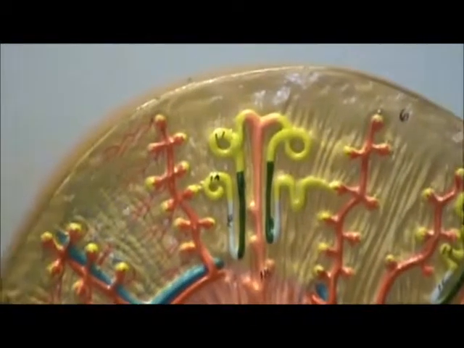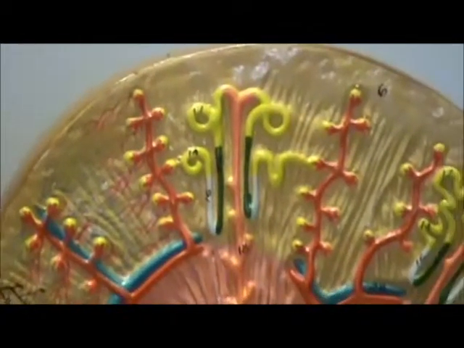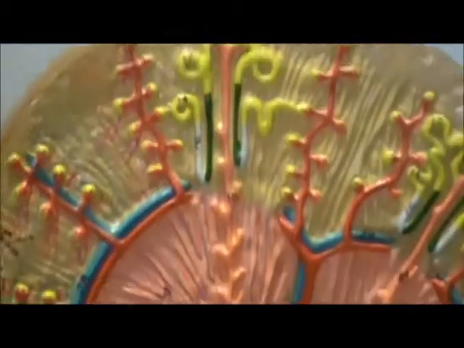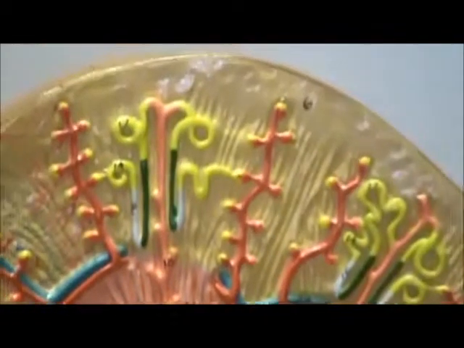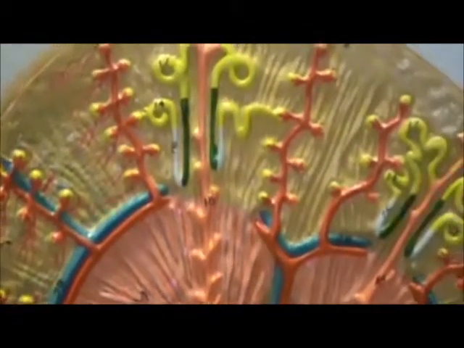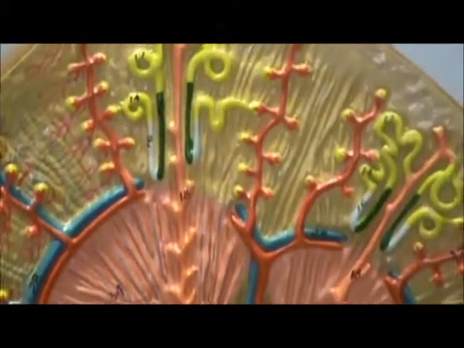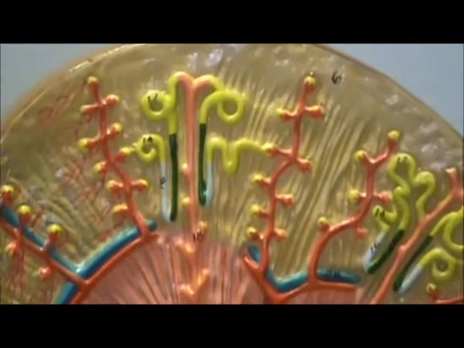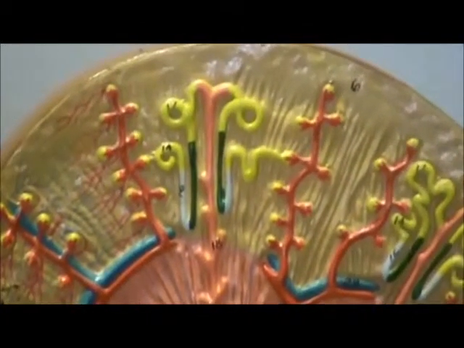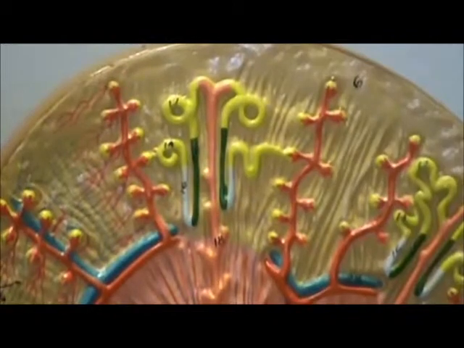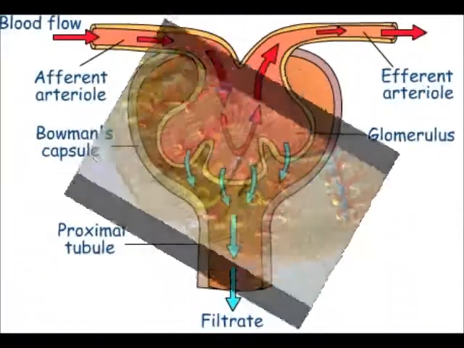Each kidney has around 1 million nephrons that, if extended, would be around 85 miles in length. Once the blood has passed through the glomerulus, it exits through the efferent arteriole, which then ultimately carries it out of the kidney via the venous system and is ultimately returned into the inferior vena cava.